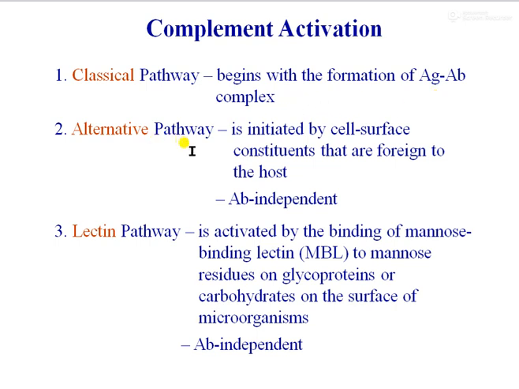The alternative pathway is initiated by cell surface constituents that are foreign to the host, and it is antibody independent. The lectin pathway is activated by the binding of mannose binding lectin to mannose residues on the glycoproteins or carbohydrates on the surface of microorganisms, and it is antibody independent.